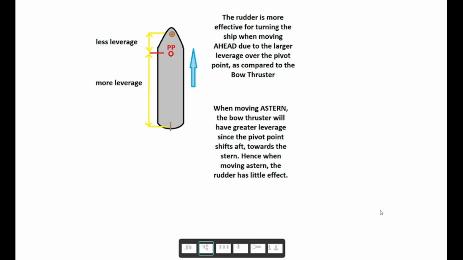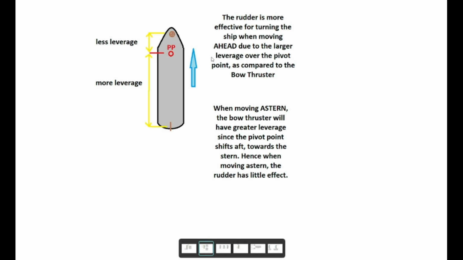One other point I would also like to make is the position of the pivot point also dictates what action you might want to consider when you're trying to maneuver the ship in a certain way. For example, if you're moving ahead, the best tool you have to turn the ship is the rudder, and that is because the rudder has got much more leverage over that pivot point than what, say, the bow thruster might have.